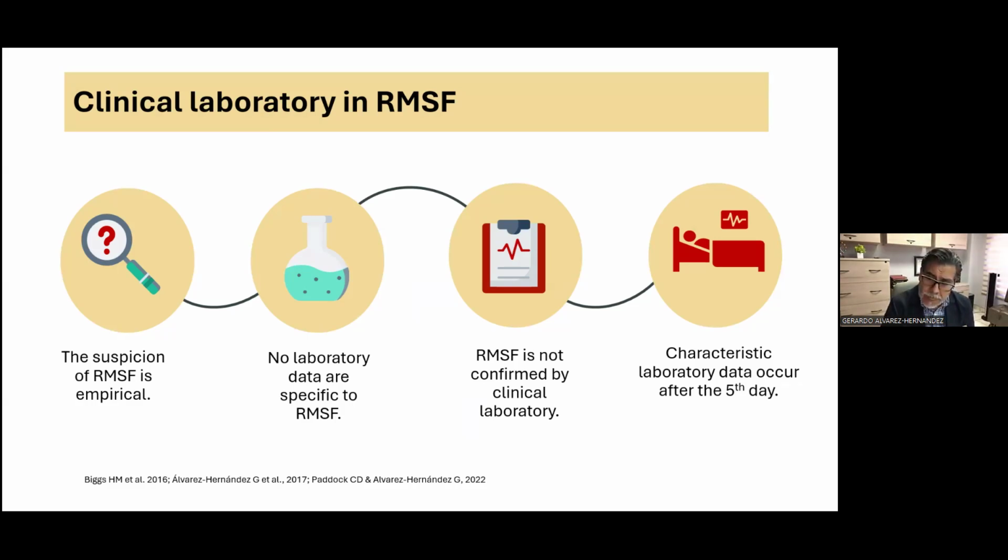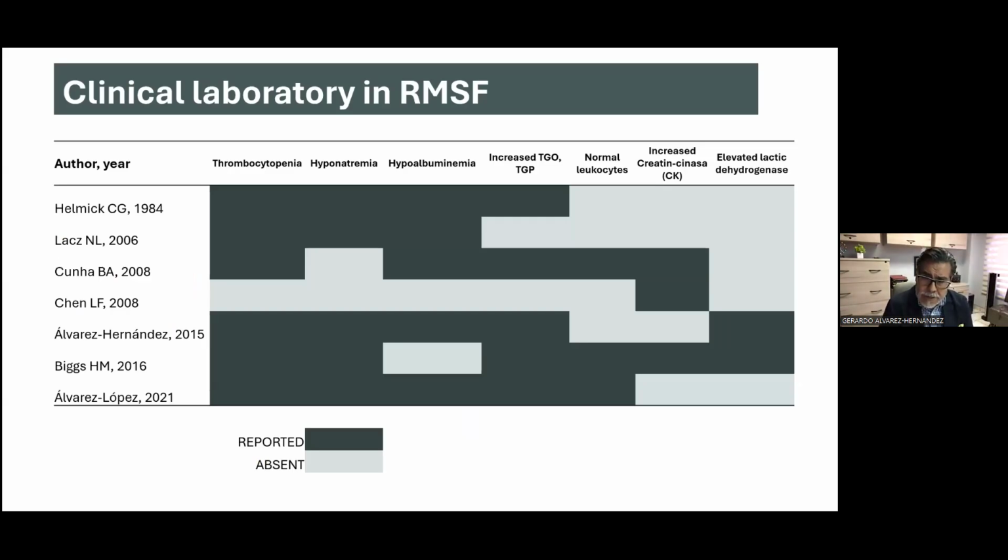These characteristics are not specific to the disease, but they are common. I made a review of some of our scientific papers that have talked about the laboratory characteristics, and I can summarize the following as the most common or relevant for RMSF.